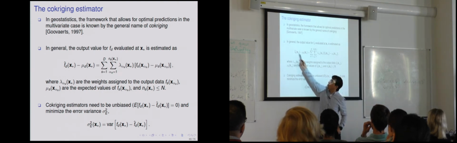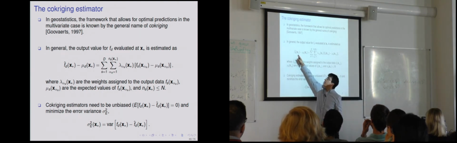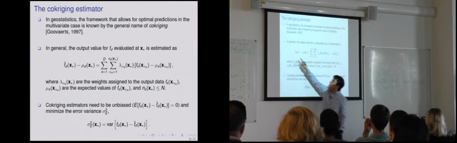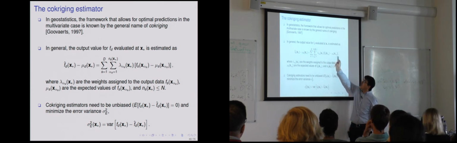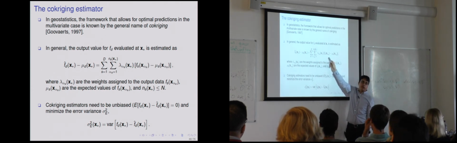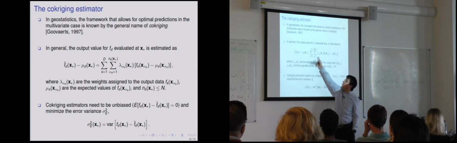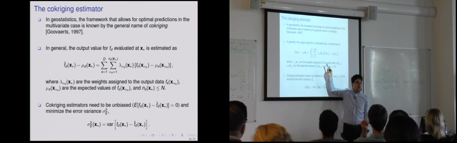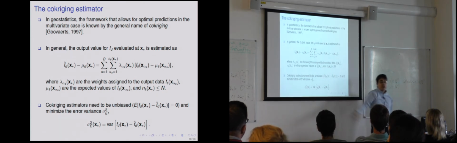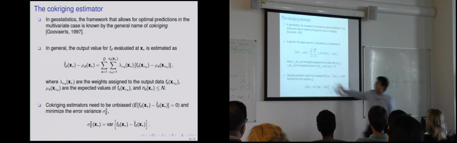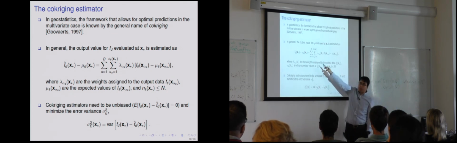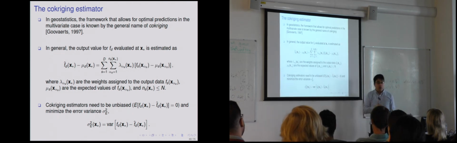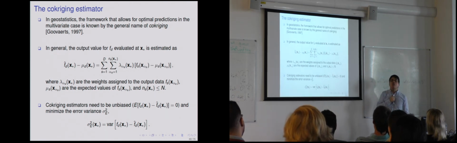So you start with this, this is your estimator at a test input. And then what I say is that I can estimate that if I make a linear combination of the data that I have. So my question is, how do I find those terms, these weights, so that my prediction is the best prediction? What do you mean by best prediction? In the terms of classical statistics, a best predictor is if your predictor is unbiased, so almost all the time you're going to get the correct mean, and it has minimal variance.